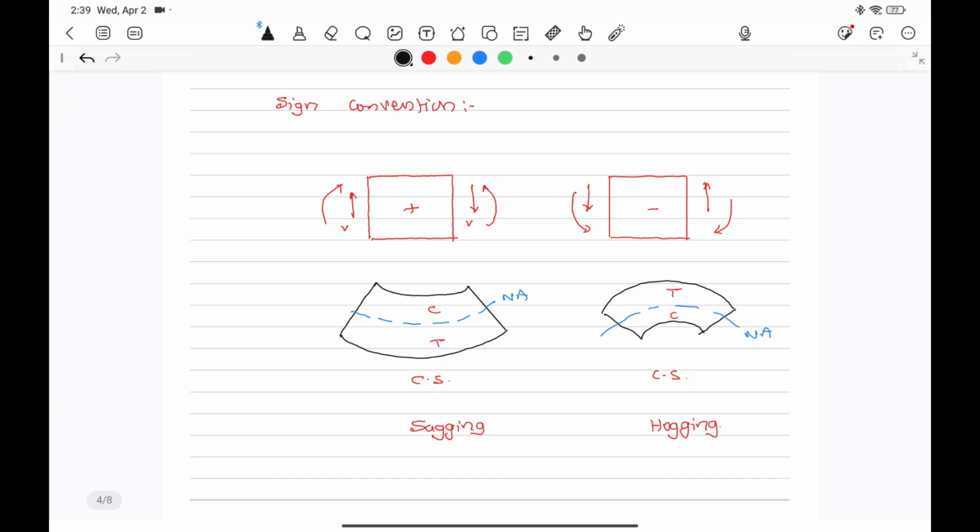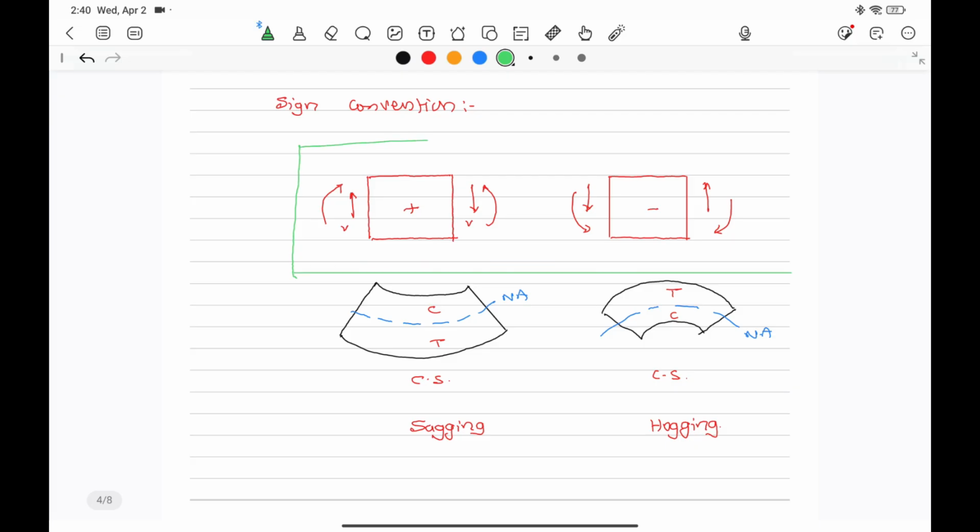And a shear force on the left-hand side acting upwards is positive, acting downwards on the right-hand side is positive, whereas left-hand side downwards is negative. Please take a note of this. It's a very, very important sign convention. It is universally accepted, and it is very much required for all our calculations in structural analysis.